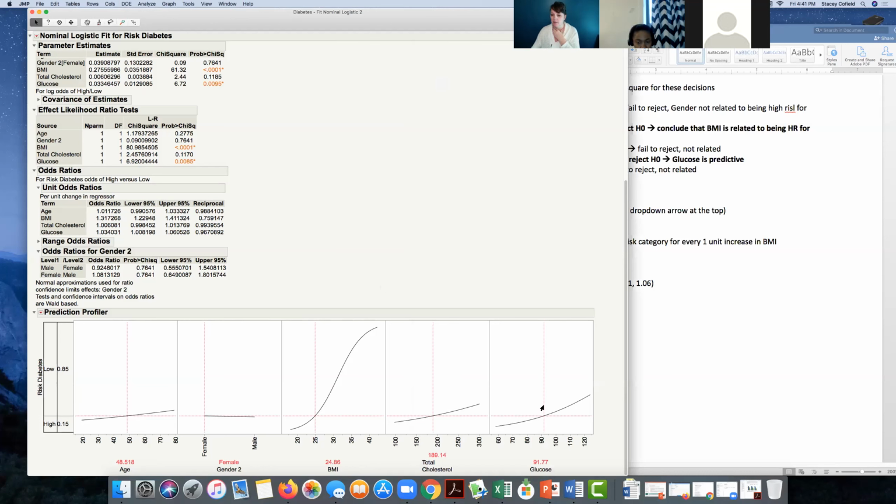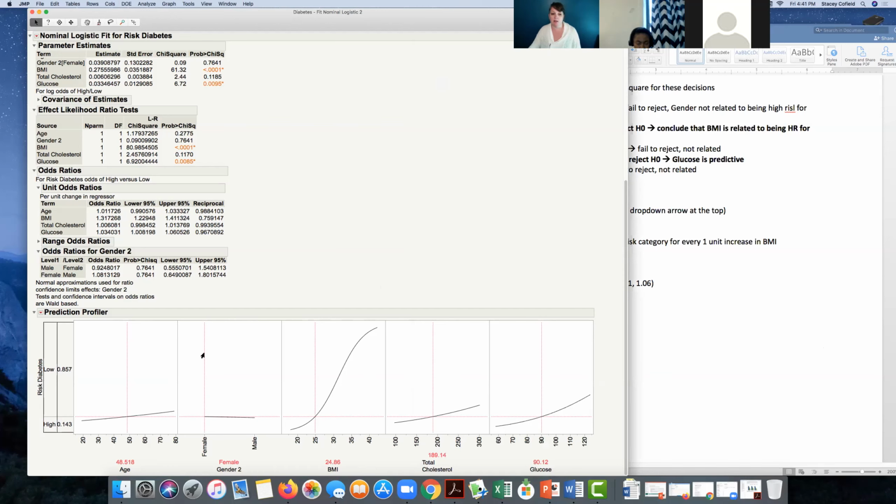Our 1 unit increase in glucose is a small amount. And so you can see the curve is much less steep. Look at how steep the BMI curve is. Every 1 unit increase is more of a chance of being high risk. Glucose sort of creeps its way up. It's not quite as significant.